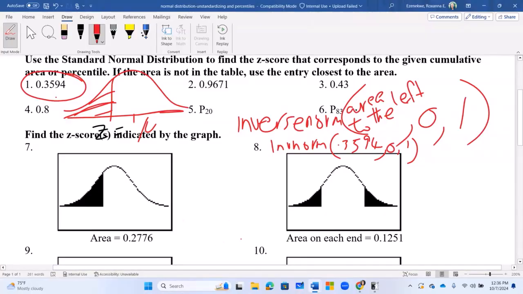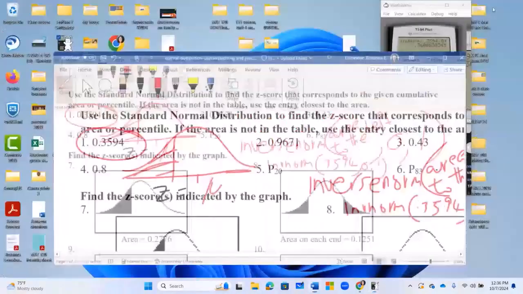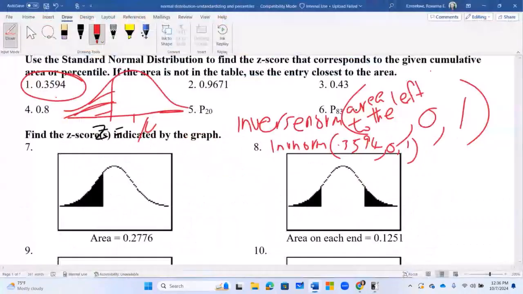And it has to be negative because the area is less than 0.5. So the z-score is negative 0.36.